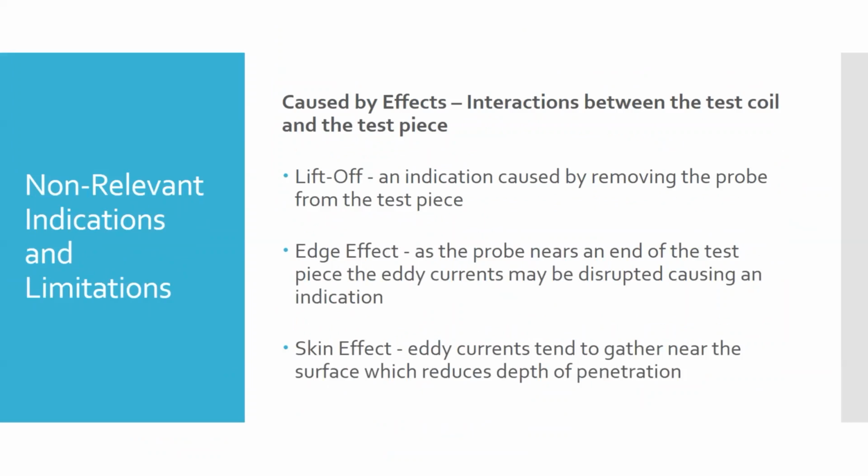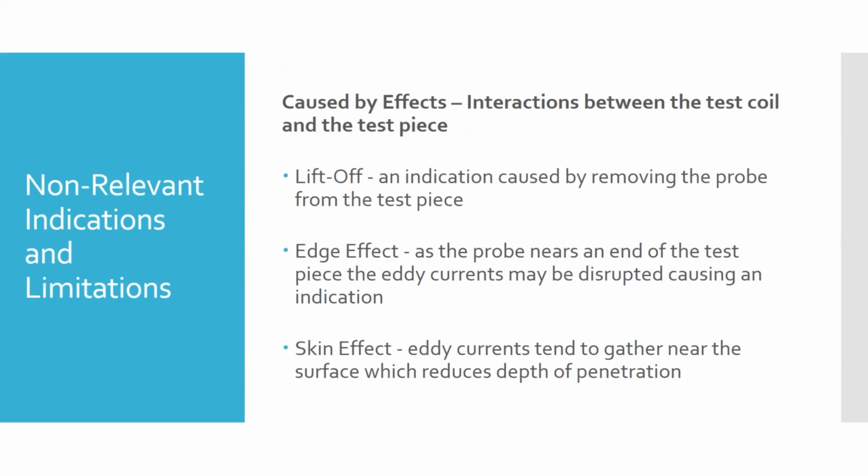During normal use, a liftoff would be considered a false indication, an accidental liftoff. When we're calibrating the device, we typically are going to intentionally perform a liftoff on our calibration standard so that we know what it looks like, so we can recognize it if it were to happen accidentally during the process of performing our inspection.